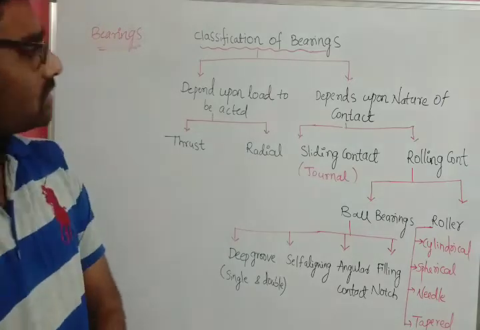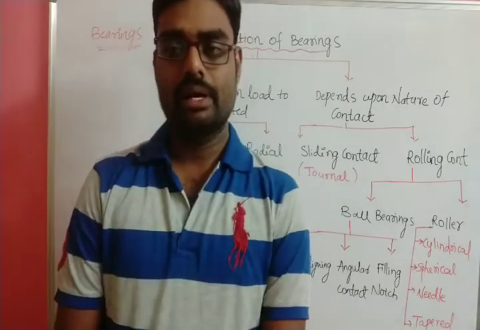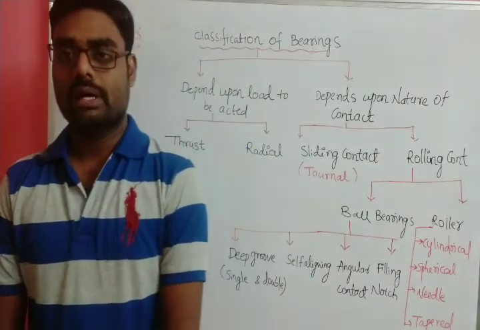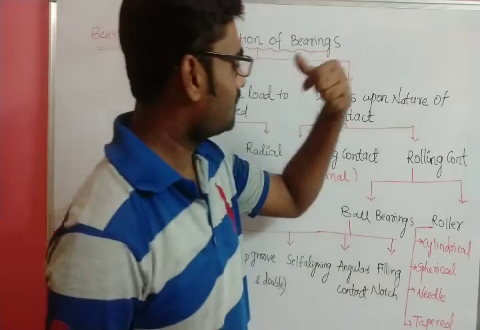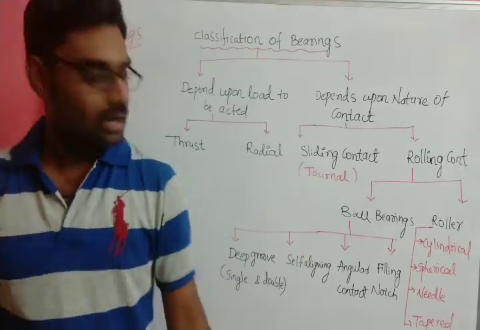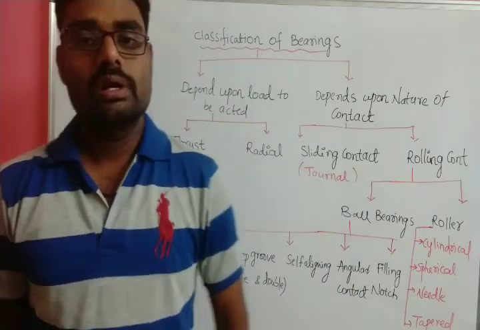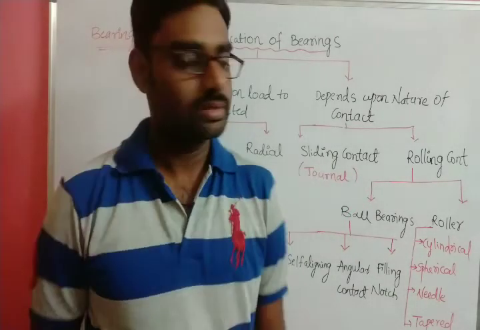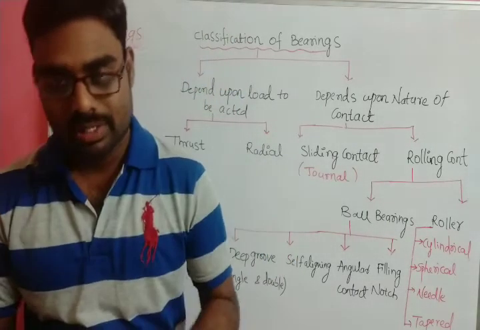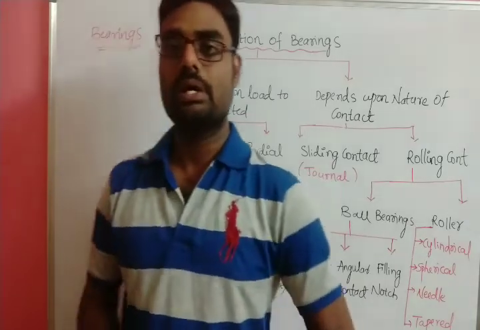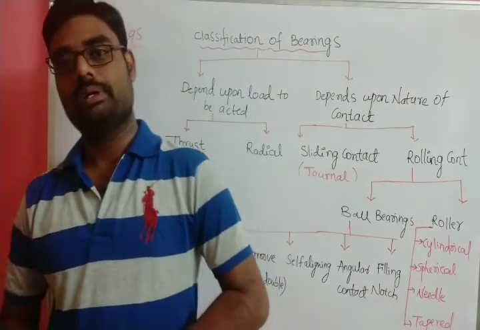In this video, I will explain about sliding contact bearings. After completing sliding contact bearings, I will explain rolling contact bearings. You already know what a bearing is: a machine element which supports another rotating machine element.